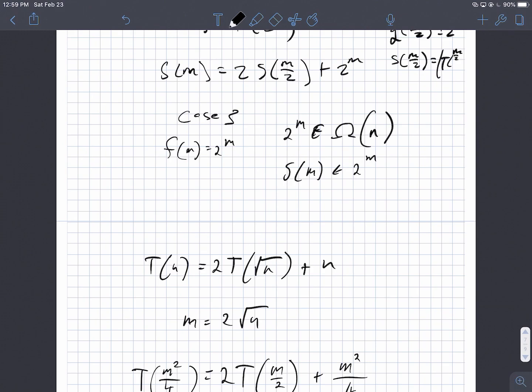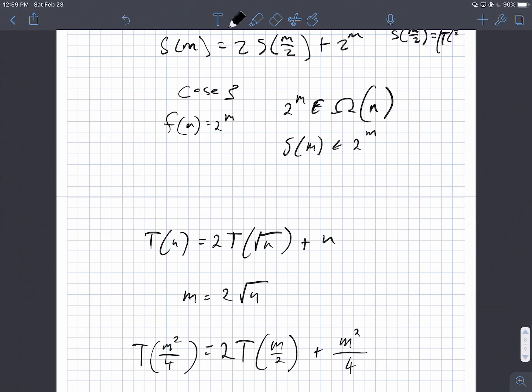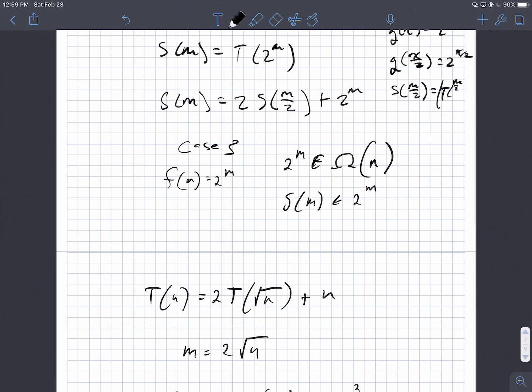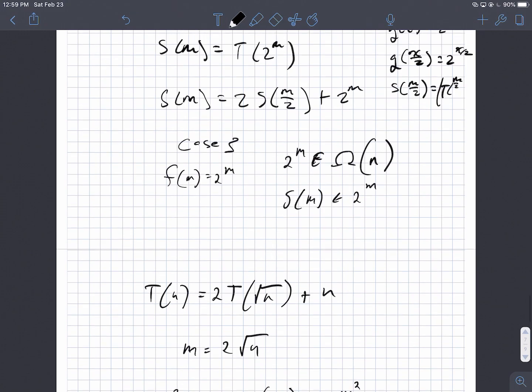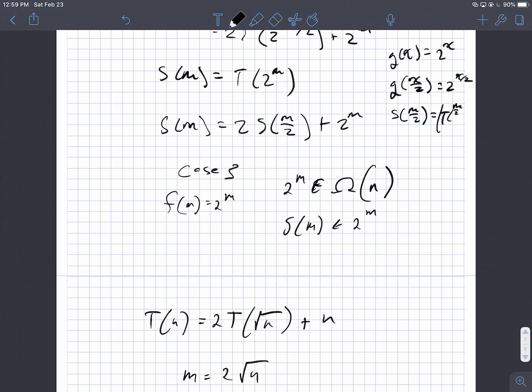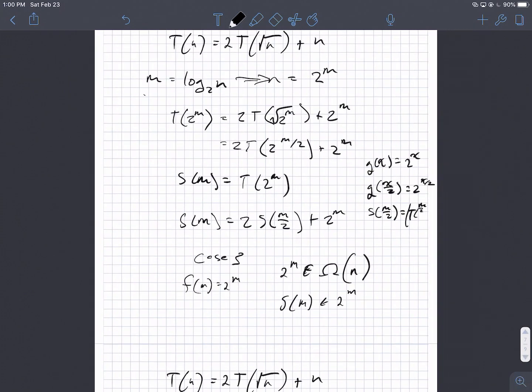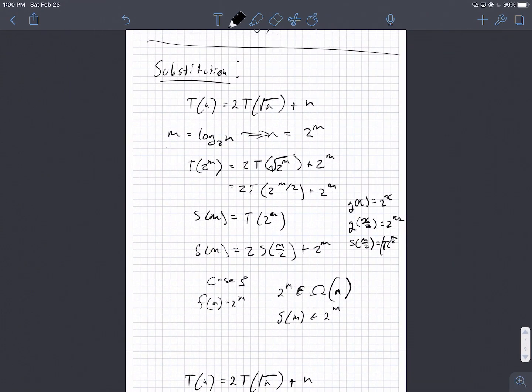Yep. And then we would have to substitute everything back. Could be some long, nasty recurrence. I never actually did that step. How do you substitute that back? So what you say is s of m is t of... I think you just substitute that back in the original.